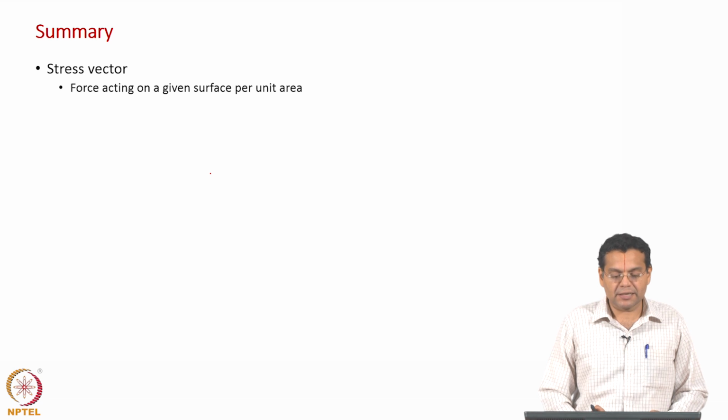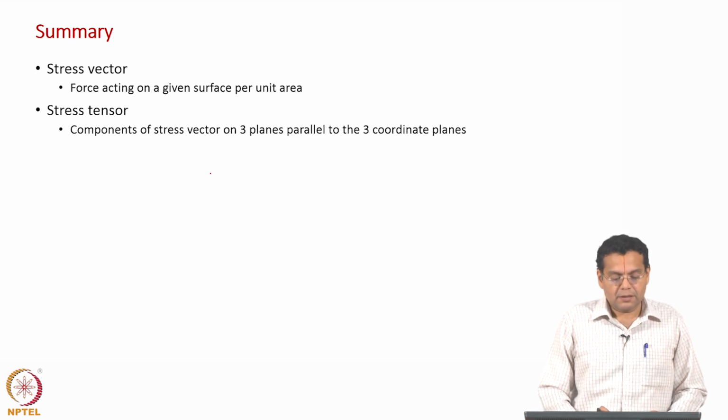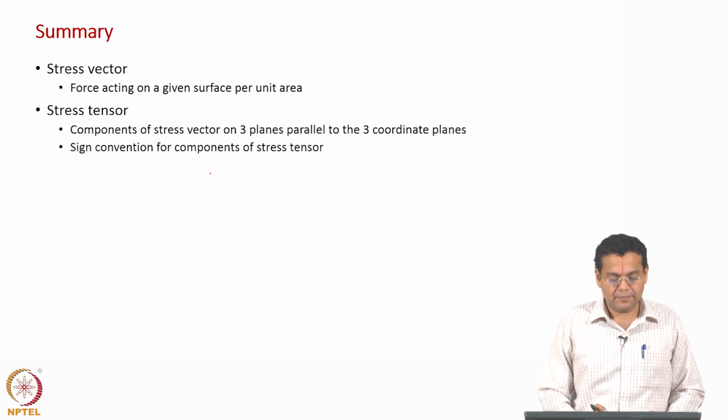We defined a stress vector: force acting on a given surface per unit area. We discussed a stress tensor, which has 9 components, and these are the components of the stress vector acting on 3 planes parallel to the 3 coordinate planes.